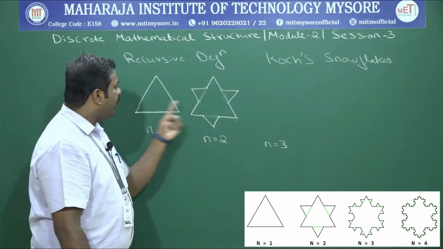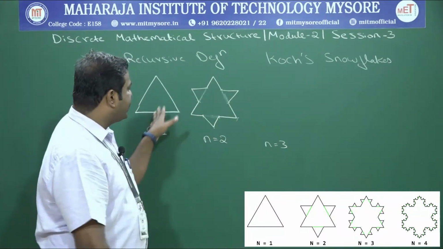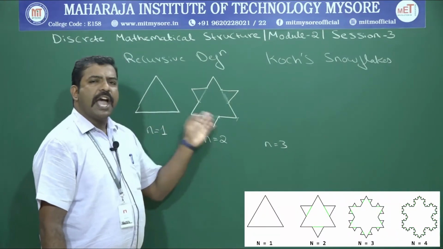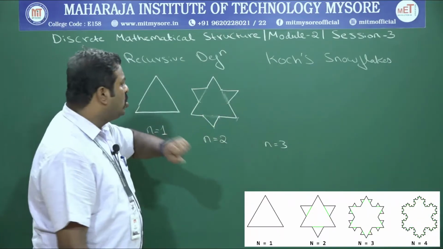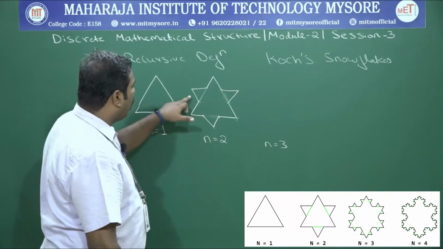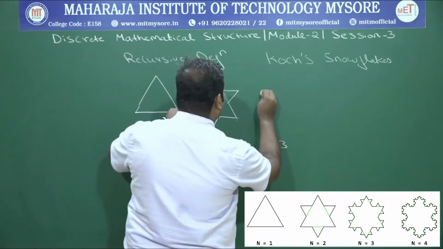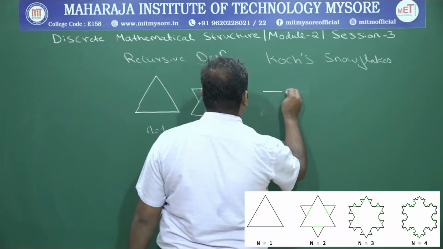I had 3, so 4 into 3, I am going to get 12 line segments. So right now, there are going to be 12 line segments. Now for each line segment, let me just draw this and show it to you.